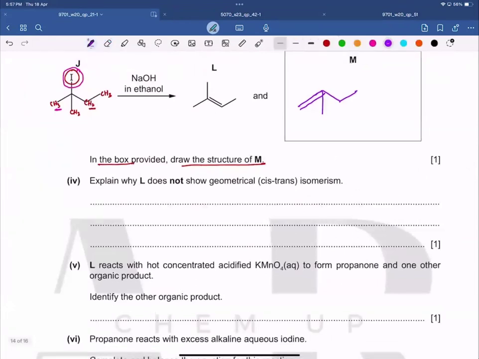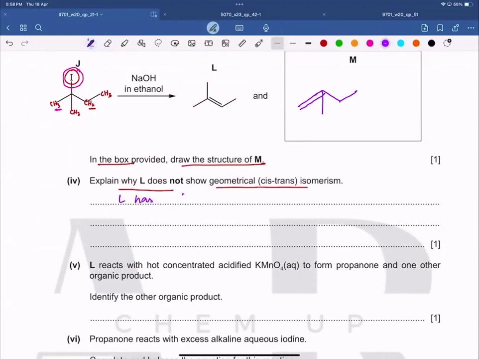Next part, explain why L does not show geometrical cis-trans isomerism. L has a pi bond. L has 2 identical groups, 2 same groups on a double-bonded carbon. So that's why it can't show cis-trans or geometrical isomerism.